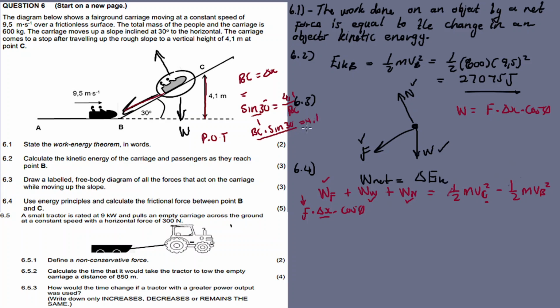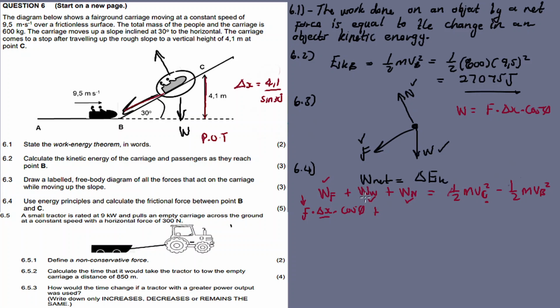Now divide both sides by sine 30 degrees, cancel, the hypotenuse BC, which is also delta x, is 4,1 over sine 30 degrees. So delta x is equal to 4,1 over sine 30 degrees, right? So delta x is covered.